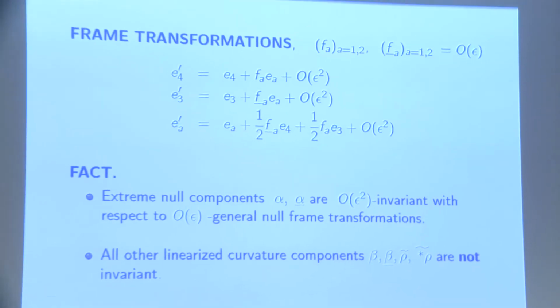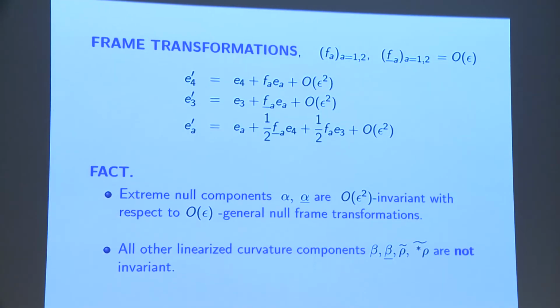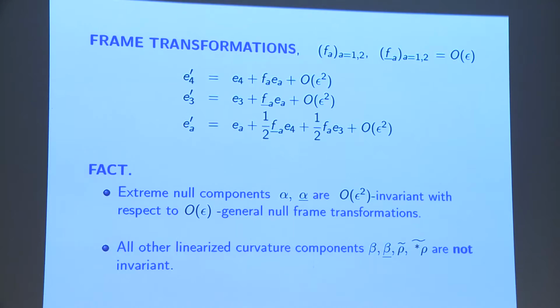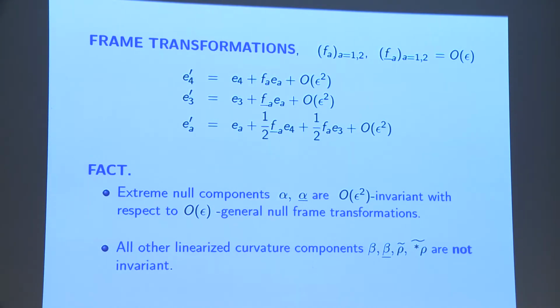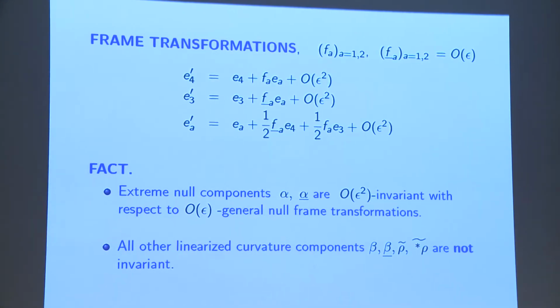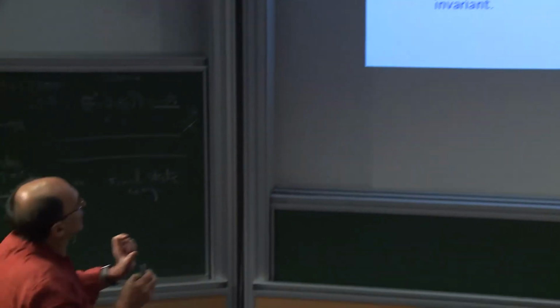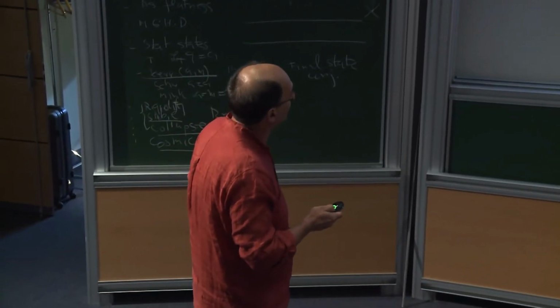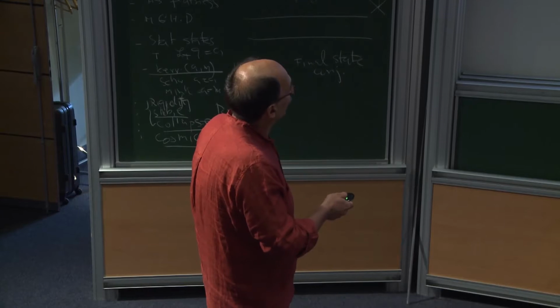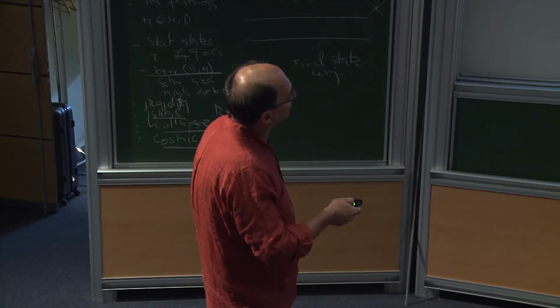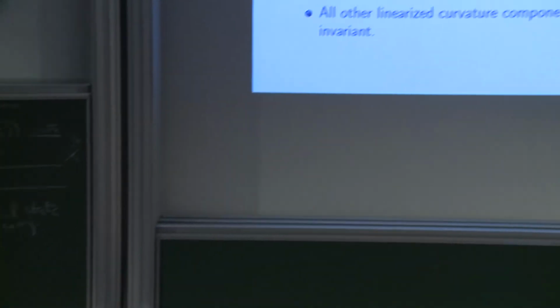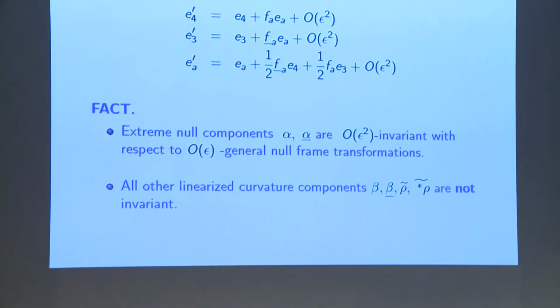So in other words, they somehow don't care about the gauge I pick. They are okay no matter what I do, right? This is very important, because this is something that I have to start with, otherwise I have no idea what to do. All other components of the curvature are not invariant, so that's also important.